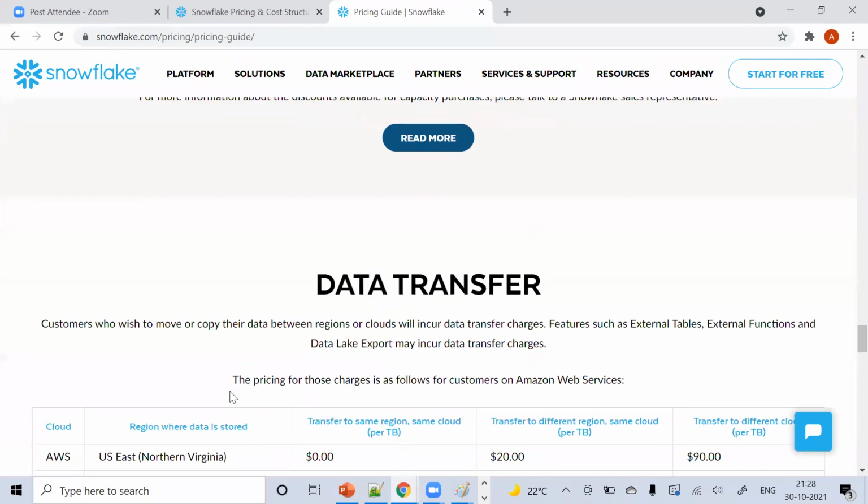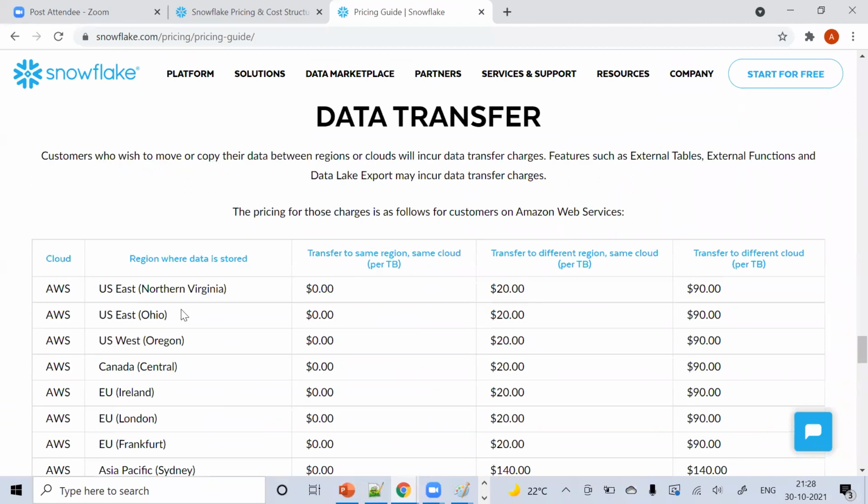I wanted to show the data transfer. See, the customer who wishes to move data between regions, for example, you are in AWS, this is the region where your data is stored. If you want to transfer to the same region and same cloud, it will be zero charges.